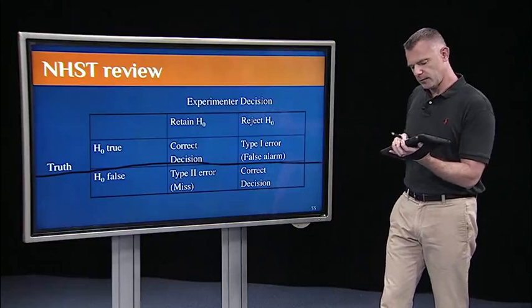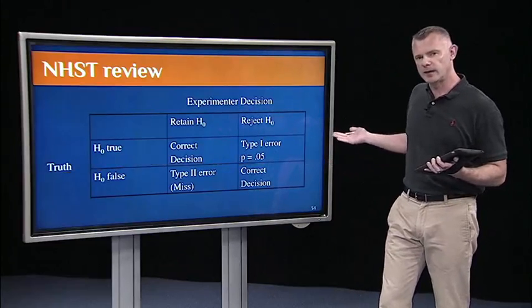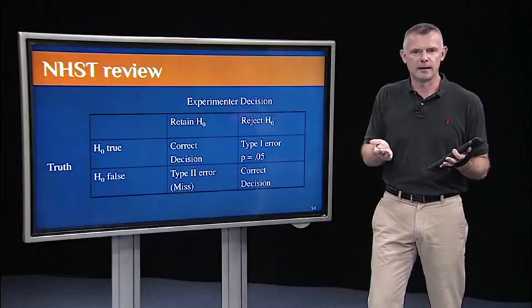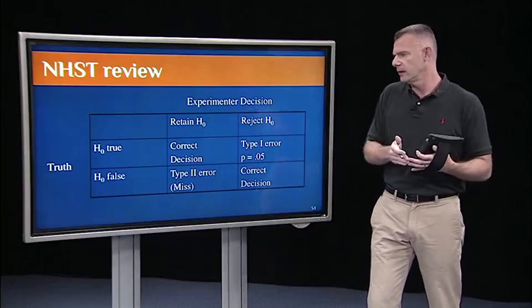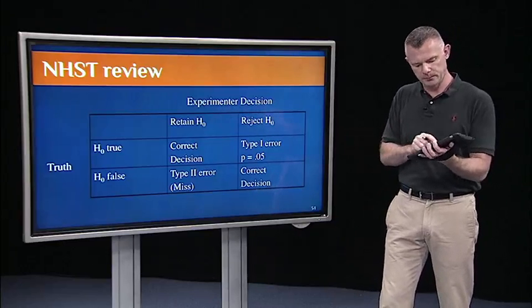We can estimate the probability of type 1 errors. We set that by setting alpha, say to 0.05. That's convention because we can all live with about a 5% error rate.